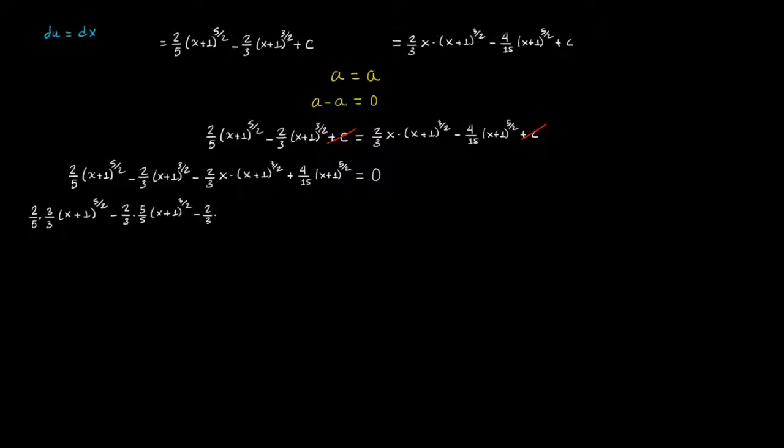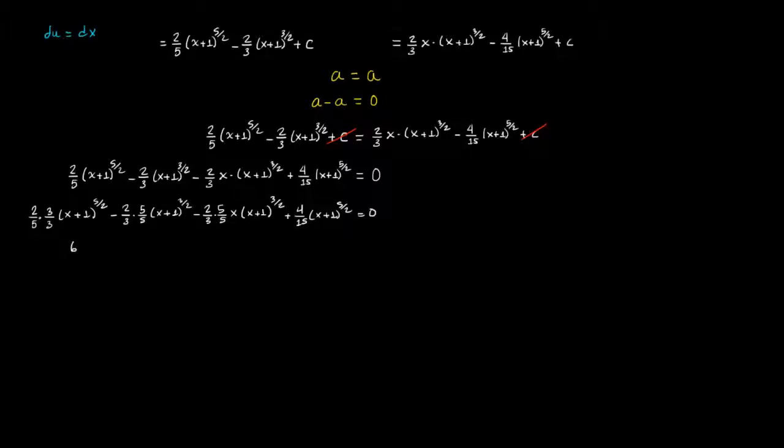This will be times 5 over 5 times x plus 1 to the 3 over 2. This one is already over 15, so it's going to look like this. It's equal to 0.